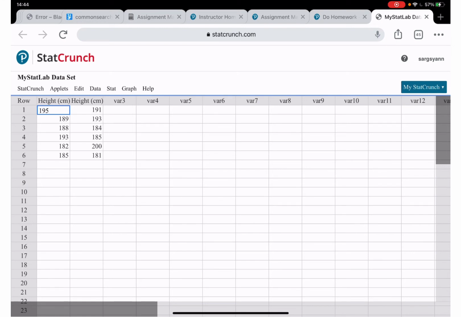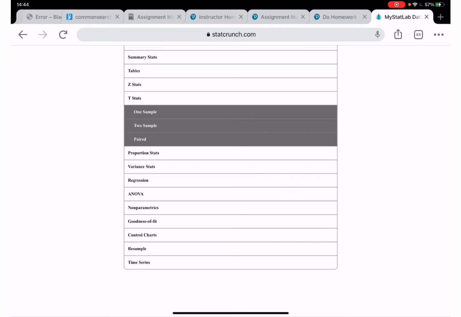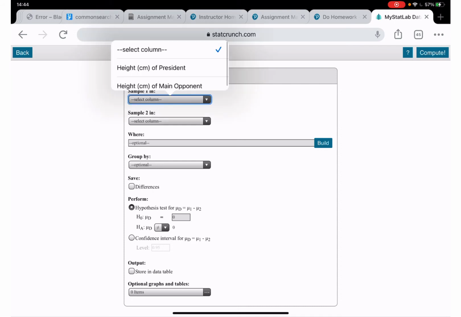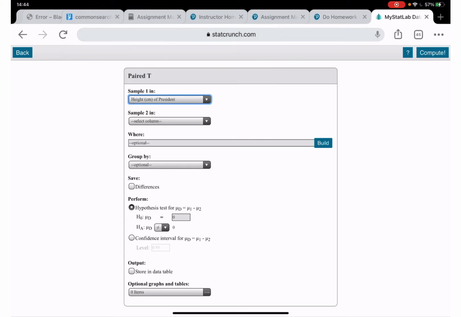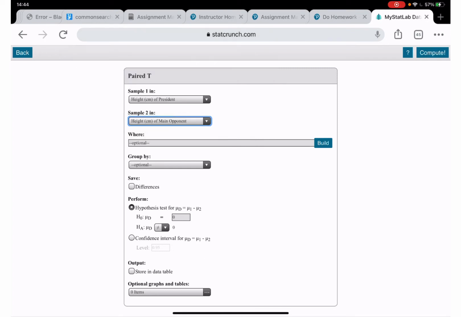Next you are going to click Stat, and we are using T Stats, and we choose Paired. Now in the sample 1 column, we use the height of president, the first sample. The second one, sample 2, is going to be the height of main opponents.